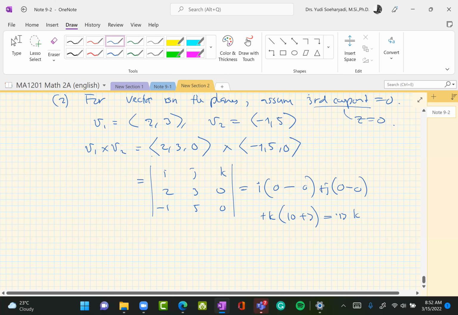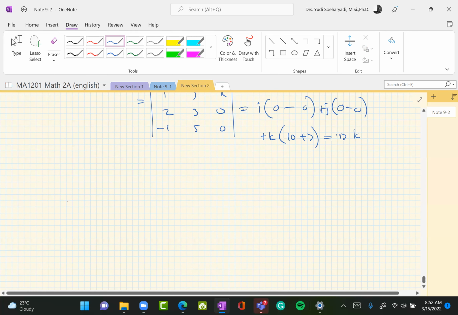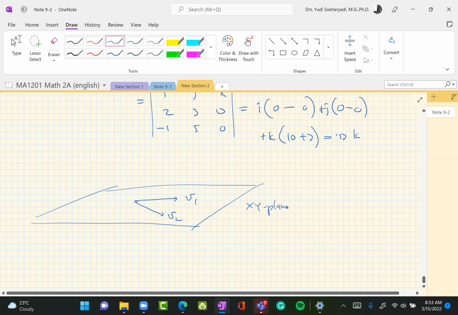Meaning what you get here now is a vector in space. So going outside, say this is an XY plane, you have this B1, B2, but the cross product here is going there.